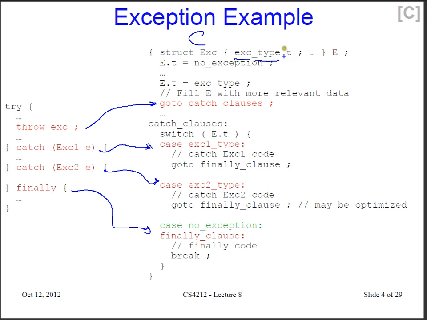And one of the types actually will be set to mean no exception. It's the one that you see here. So we declare this exception inside this block, and we have this variable E, and initially we set up E to represent no exception because we don't see any exception being thrown.